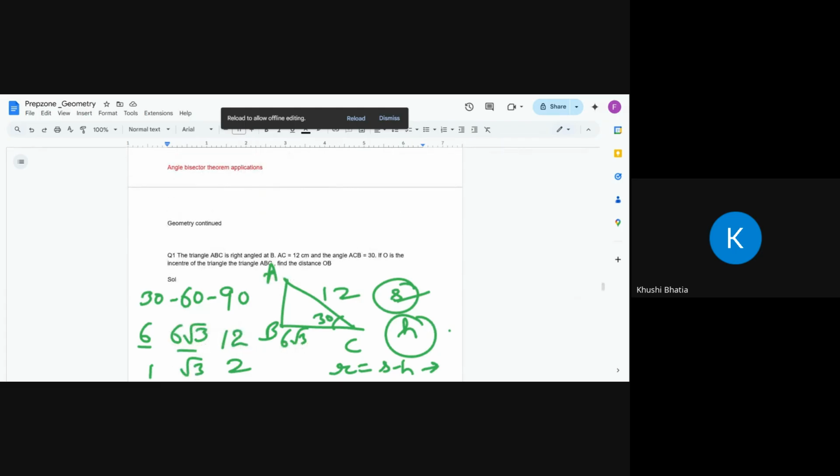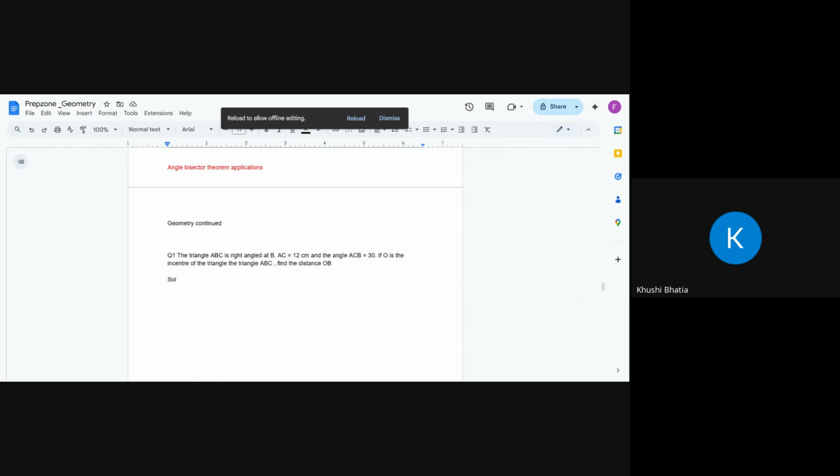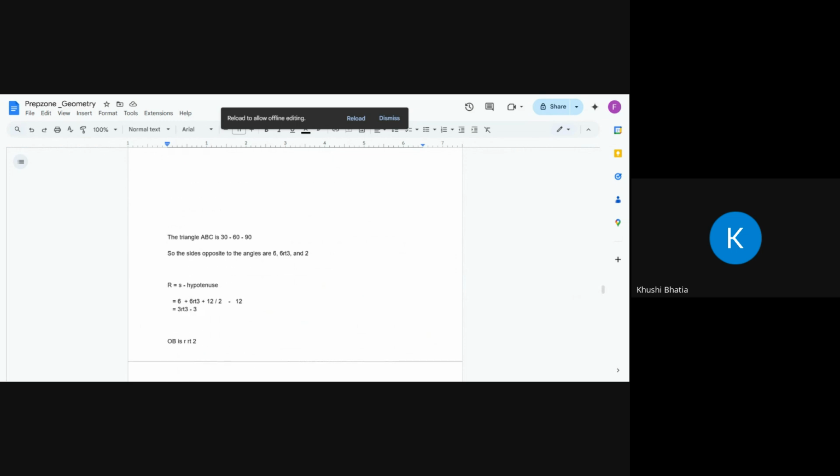Sir, the radius will come as 3 root 3 minus 3. This is mostly an addition: 6 plus 6 root 3 plus 12, by 2, minus 12.